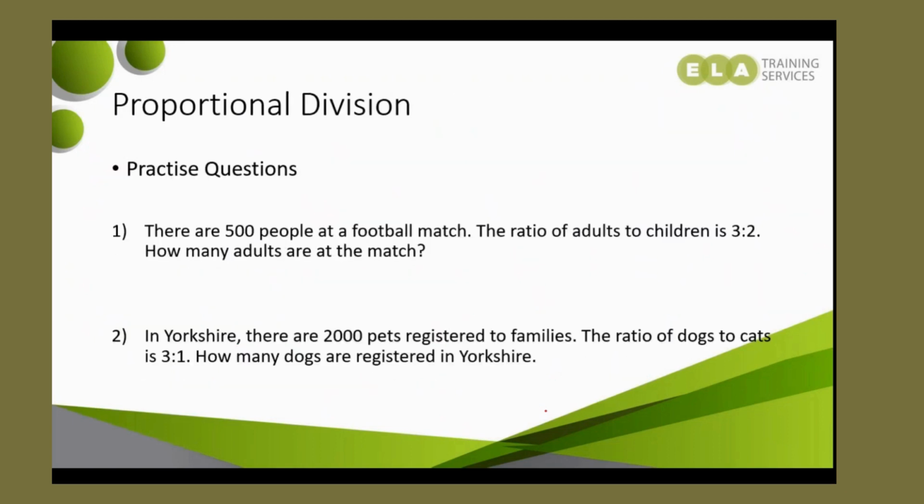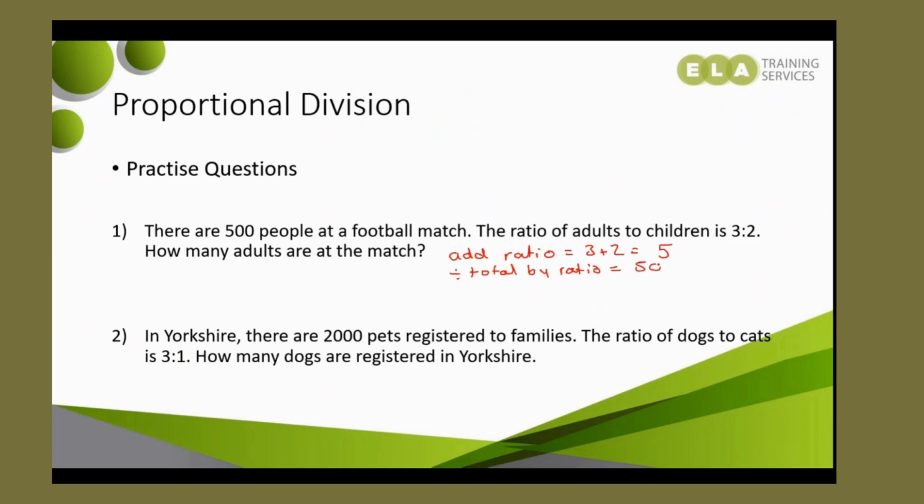So we're going to have a go at these 2 questions. There are 500 people at a football match. The ratio of adults to children is 3:2. How many adults are at the match? So we add our ratio. 3 add 2 equals 5. And then we divide the total by the ratio to get 1 part.